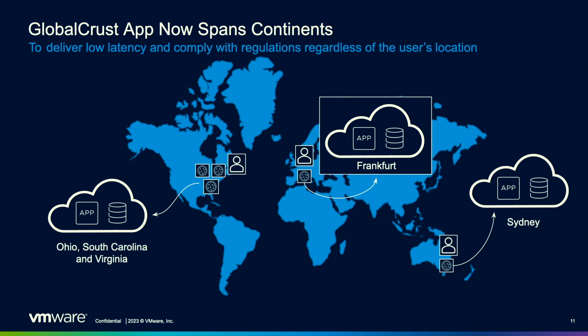Because if you deploy application instances in the Frankfurt or Sydney data center, but the data still remains in the United States, then the backend part of your application will be forwarding all of the requests to the United States, and you will not solve anything.